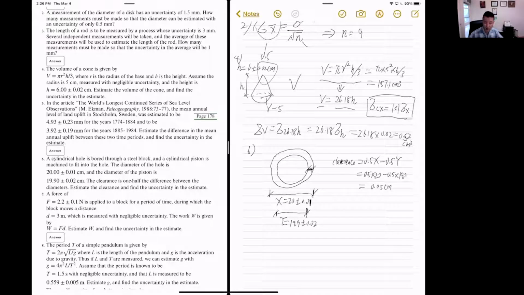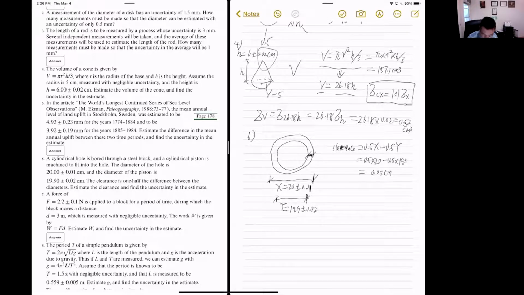And then let's figure out the sigma of the clearance. Okay, so which equation are we going to use? Okay, again, linear combination. So the equation we learned from chapter 3, one of them is the sigma of C1x1 plus C2x2 plus Cnxn, where the Cs are constants, is equal to this: square root of C1 squared times sigma x1 squared.